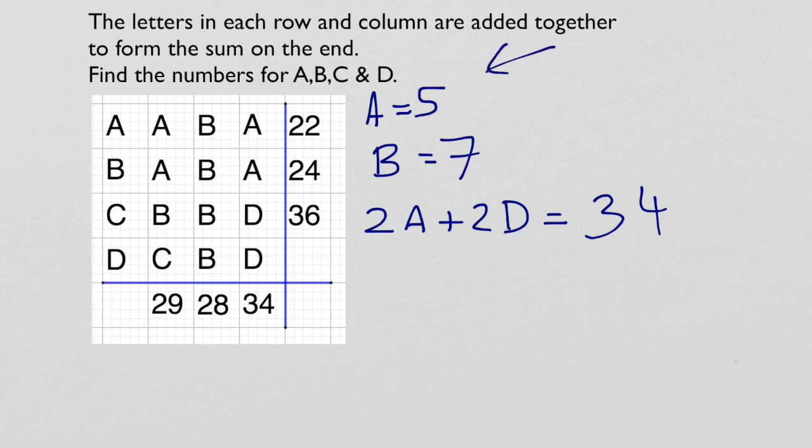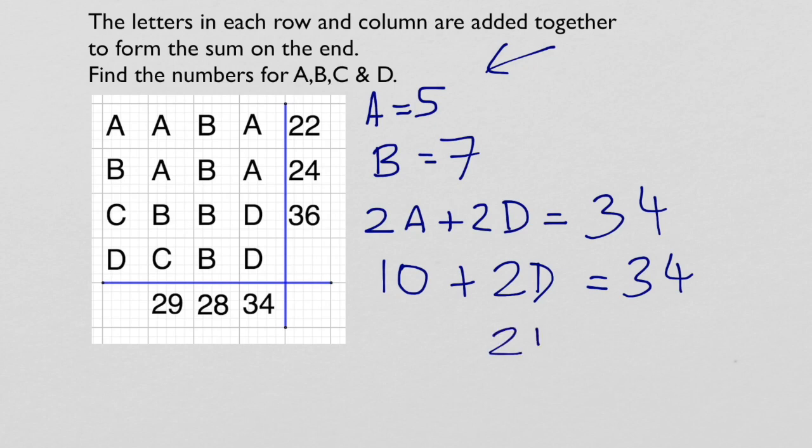I know that A equals 5. 2 A's are therefore 10. So 10 plus 2D equals 34. I can take away 10 from both sides and I get 2D equals 24. Divide by 2 and my answer, D equals 12.